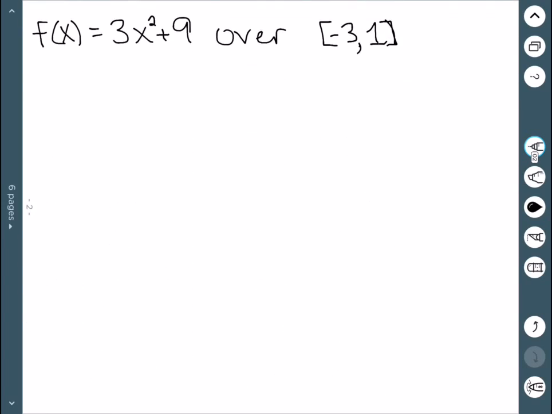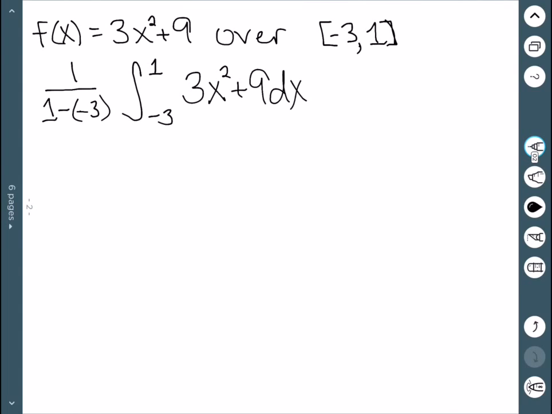For example, I have this function 3x squared plus 9 over the interval negative 3 to 1. So we start with finding the length of the interval, b minus a. Then we do the integral from a to b of f of x dx. So this is 1/4 times, I add 1 to the exponent and divide to get x cubed plus 9x.